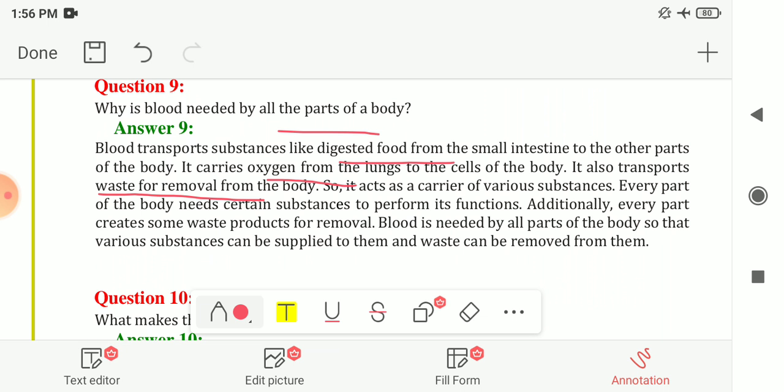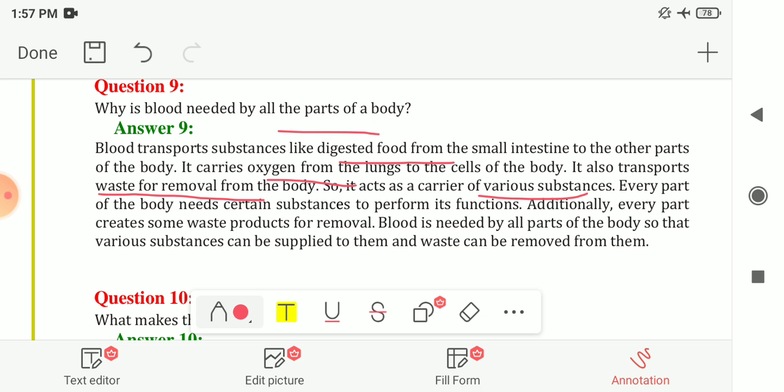So it acts as the carrier of various substances. It transports the digested food from the small intestine to the rest of the body parts, then the oxygen from the lungs, and it also collects the waste which is produced in the cell processes. So it collects this waste and transports it for removal from the body. So it works as a medium which carries all these substances.